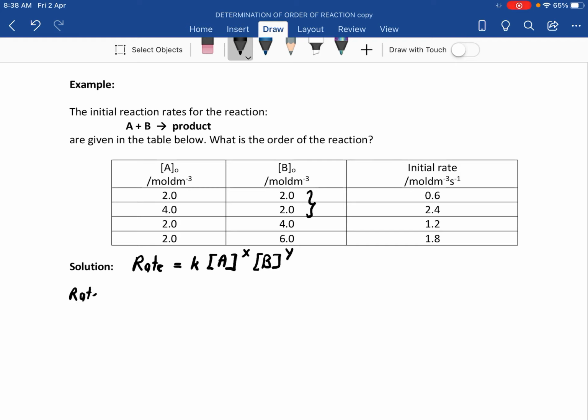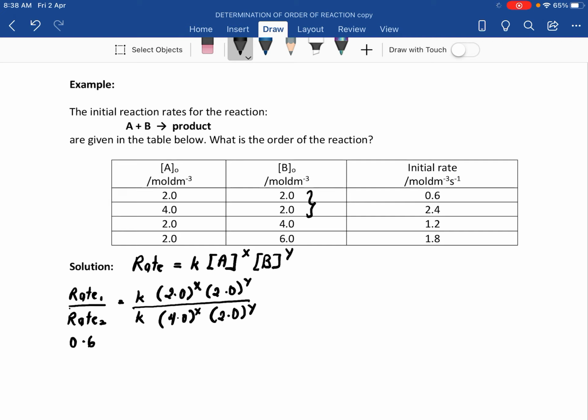So rate 1 over rate 2. For the concentration of A we put 2.0 to the power of x, and B is 2.0 to the power of y, divided by k times 4.0 to the power of x and 2.0 to the power of y. Then we substitute the values of the initial rates, 0.6 and 2.4.